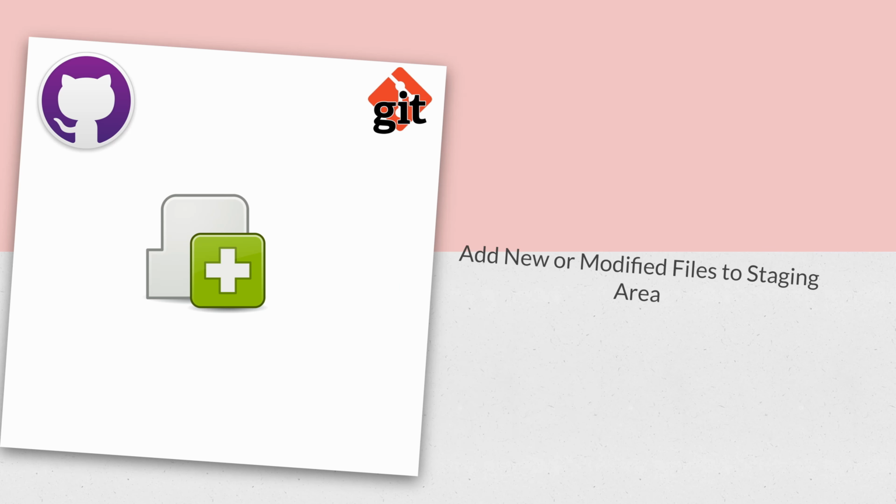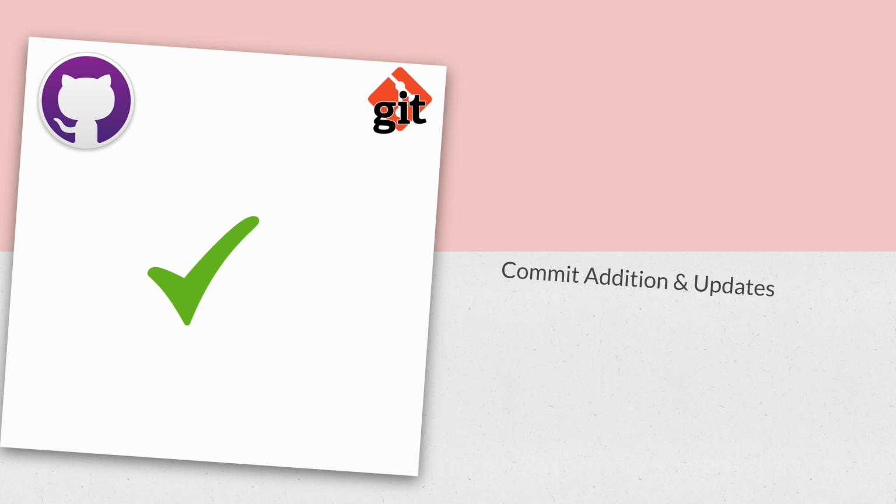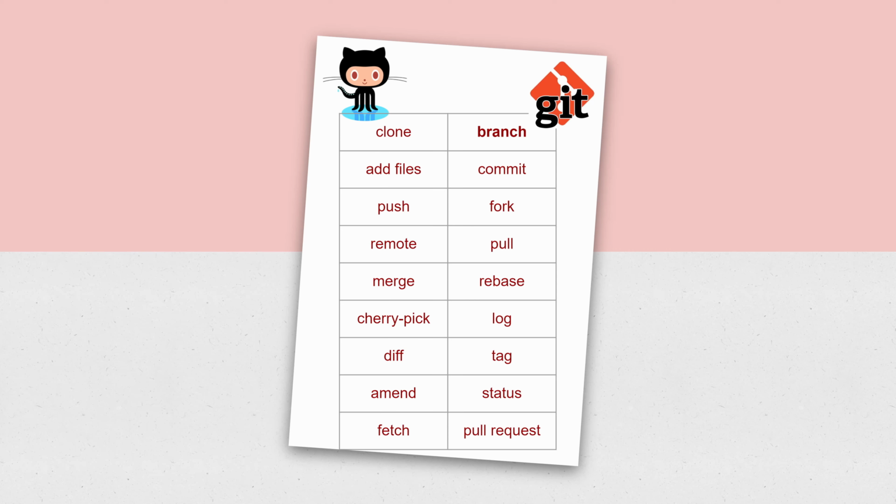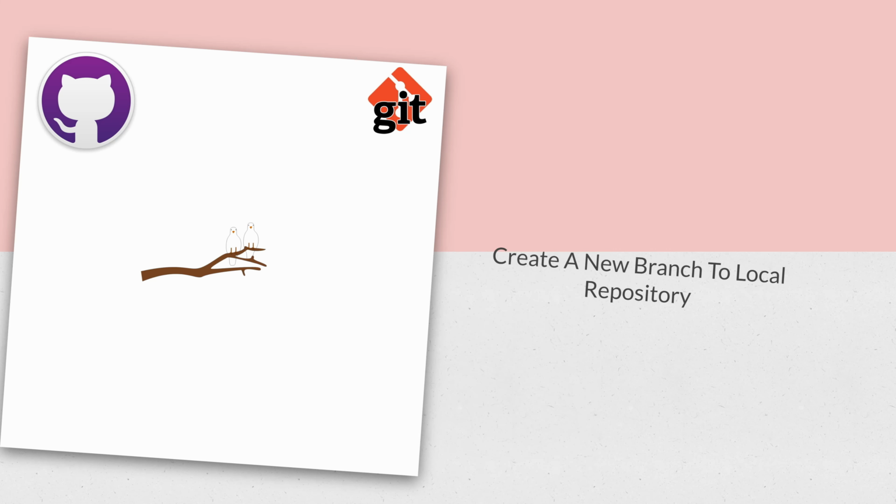And add files. So after making changes, we could add files to the staging area. And then commit is to commit these changes so that they can be pushed. And then we learned how to push the changes to the GitHub account. And then we learned about branching.